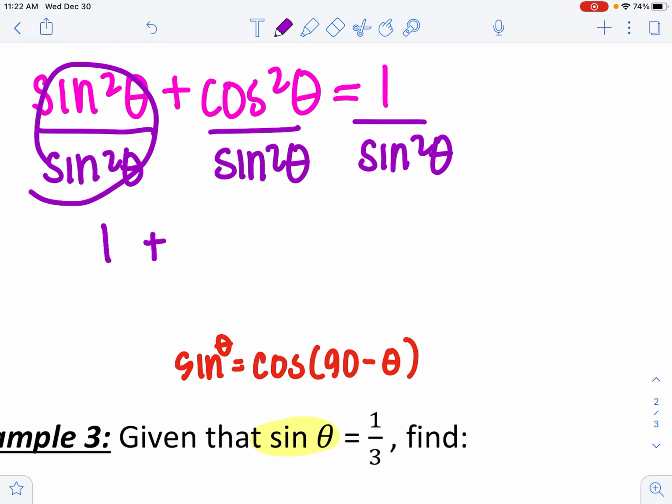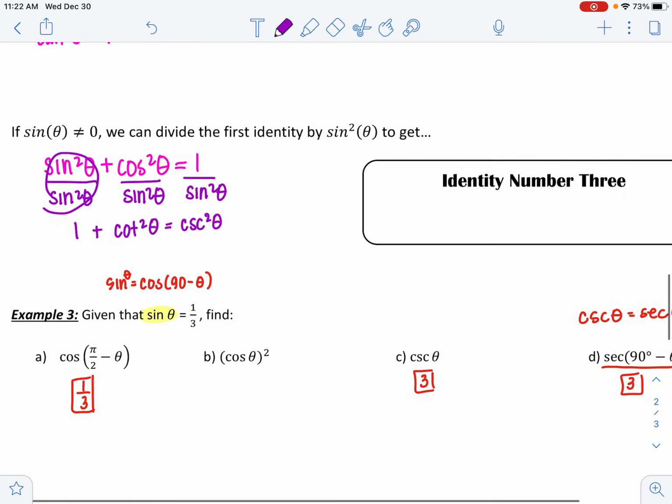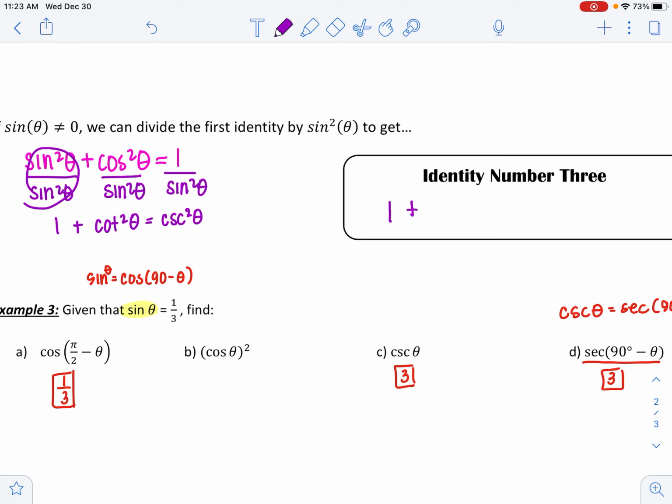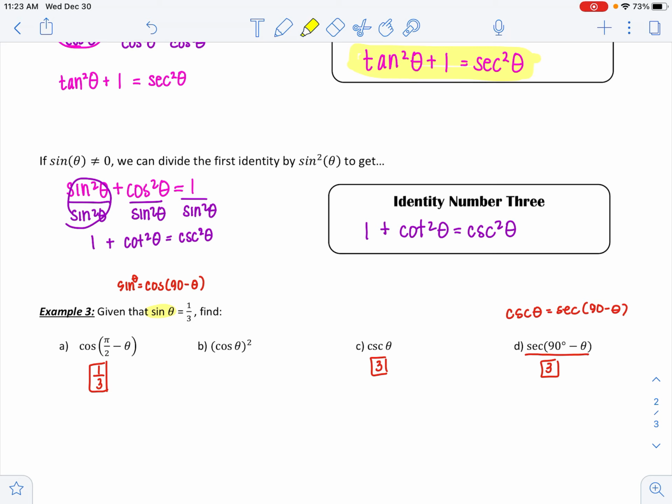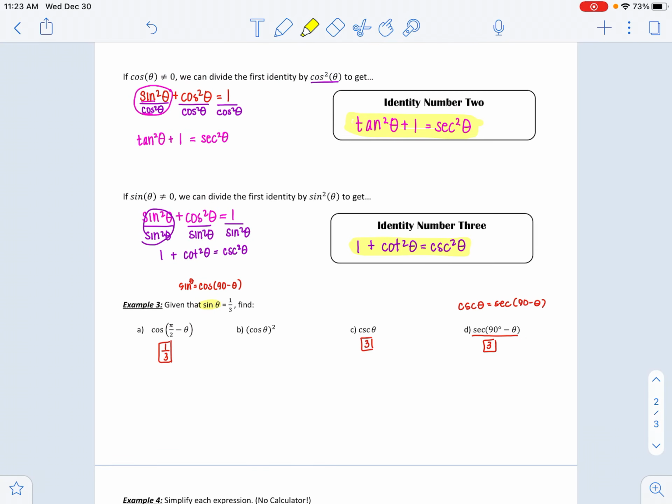What about cosine over sine? I can change that to cotangent squared of theta equals, and 1 over sine squared I can change to cosecant squared of theta. So I have 1 plus cotangent squared of theta equals cosecant squared of theta. Okay, so this is my third identity.